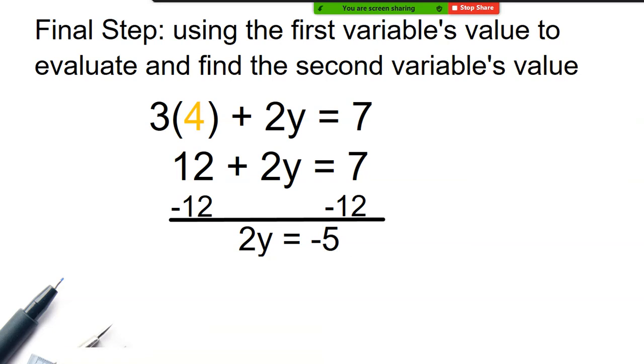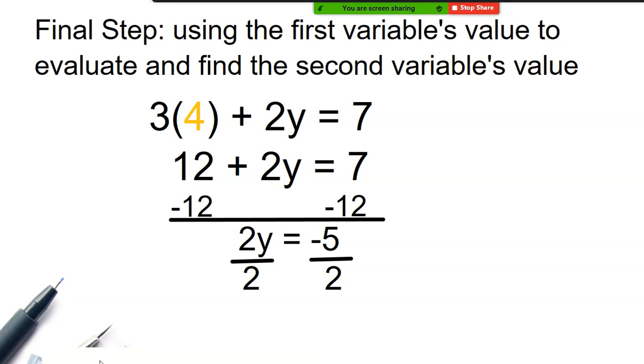And notice that I am simply solving these equations. So my next step, I have 2y equals negative 5. And you think, oh man, I don't know. That's hard. Well, we always go back to opposite operations. The opposite of multiply is divide. And so I just follow the steps.